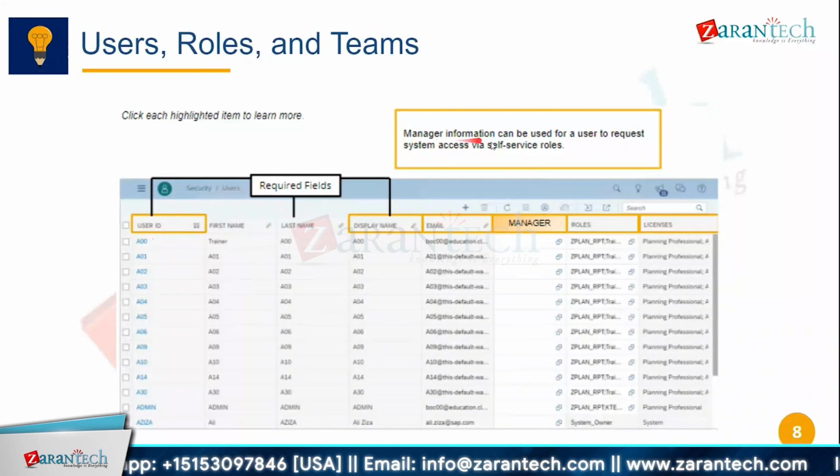The advantage is she will be able to give access to them. They can also request different roles and responsibilities within SAC, and Rajni would be able to approve it. Basically, the manager will be able to approve any requests, role changes, or authorization requests with respect to their subordinates. That's the advantage of having the manager field.